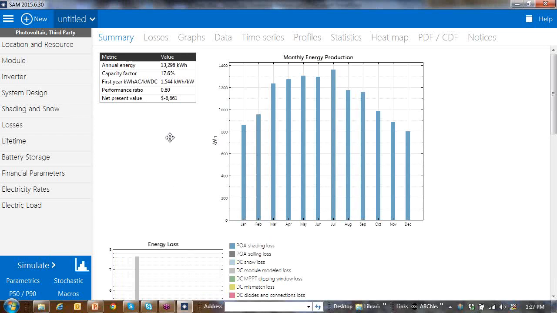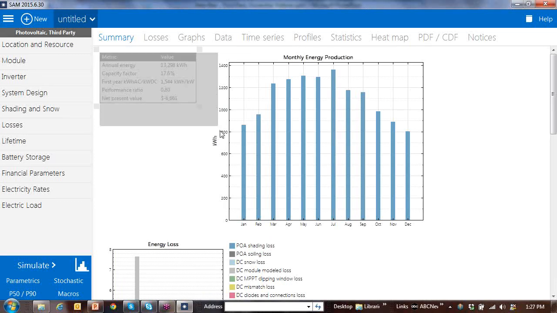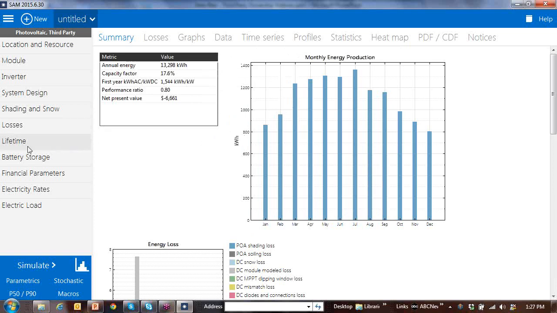And you can see with these default values for this system, the net present value for this system is negative. And just to explore the sensitivity, you can see here this list of metrics with the net present value being the one I pointed out, but we also have all of the several performance values for the PV system.